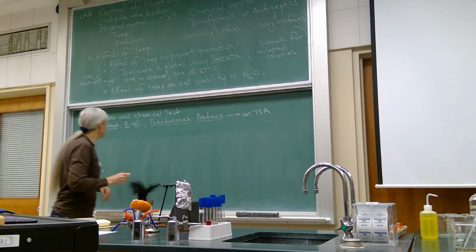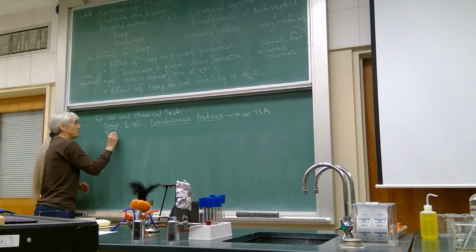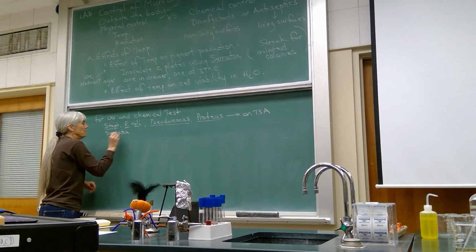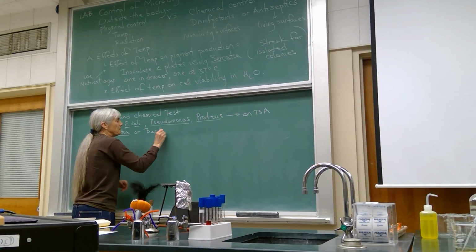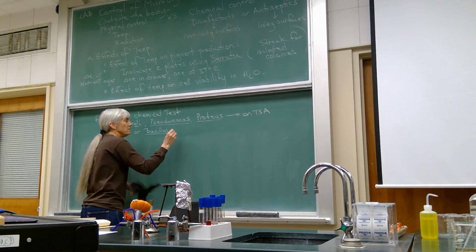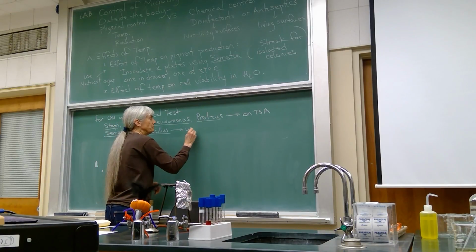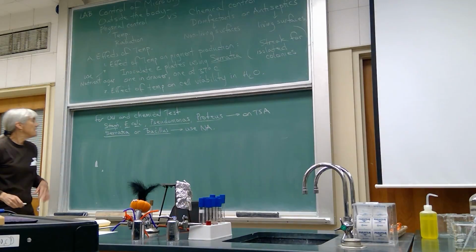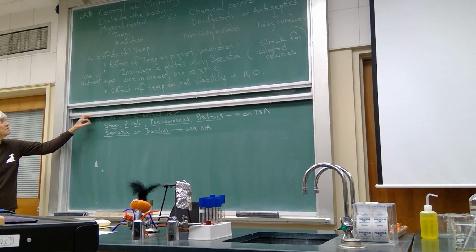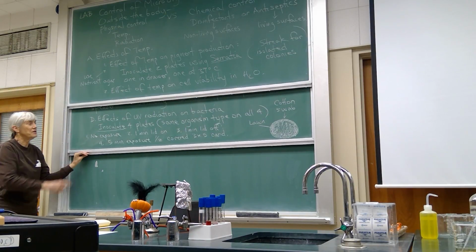And if you're using Serratia or Bacillus, use NA. Okay, now the chemical test, so that is the UV part.